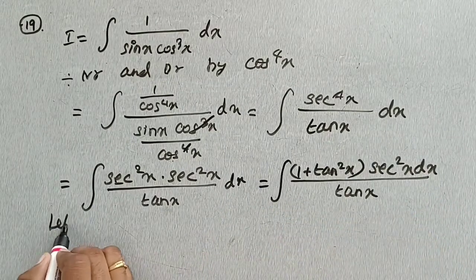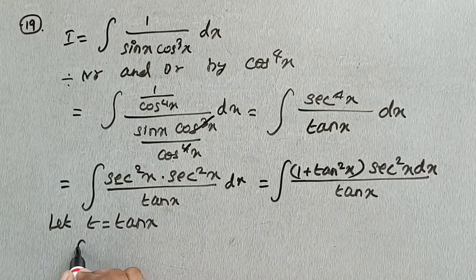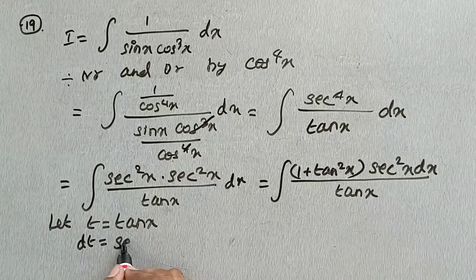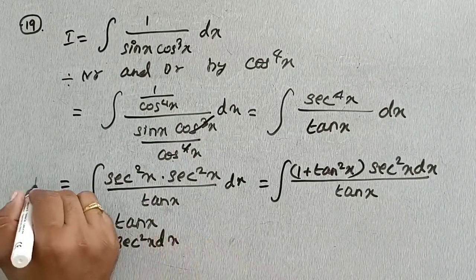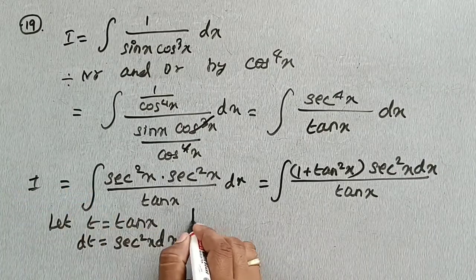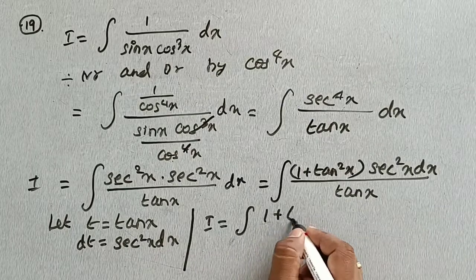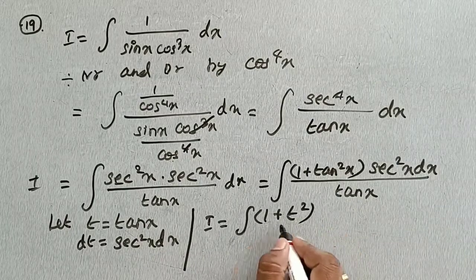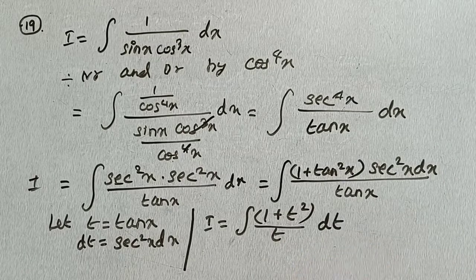Now let t equal to tan x. dt will be secant square x dx. Now this integral will be rewritten as I equal to integral 1 plus t square divided by t, secant square x dx equal to dt will come.